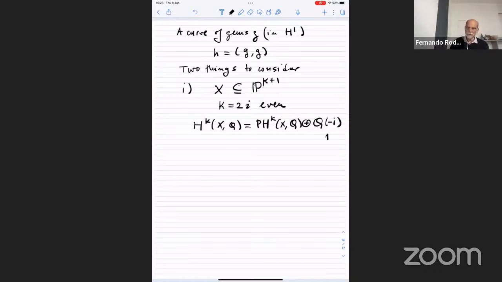This is 1, and this is sort of Betti K minus 1. So, in other words, there is a natural factor in there that you might as well forget.